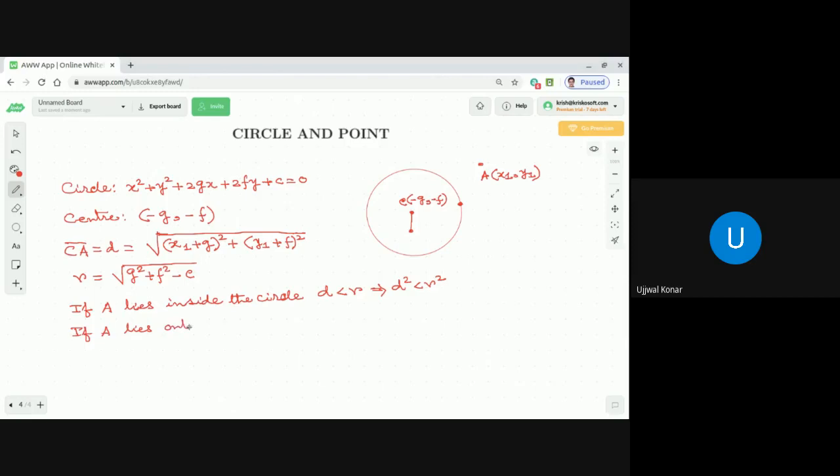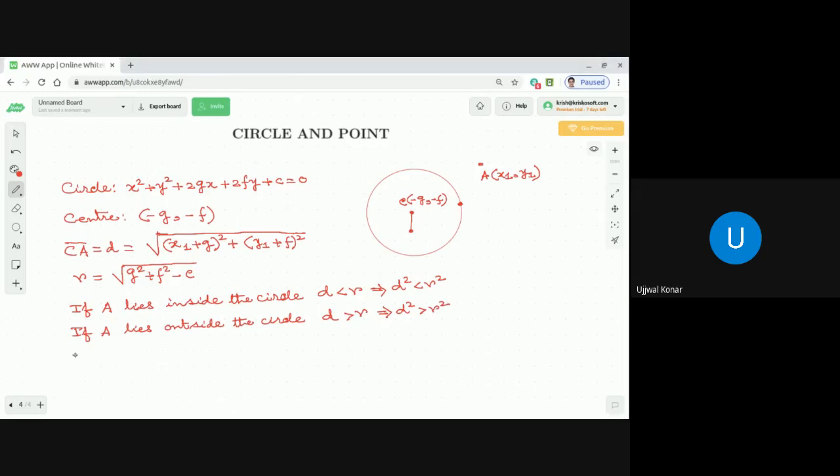If A lies outside the circle, then D is greater than R. That implies D square should be greater than R square. Correct?